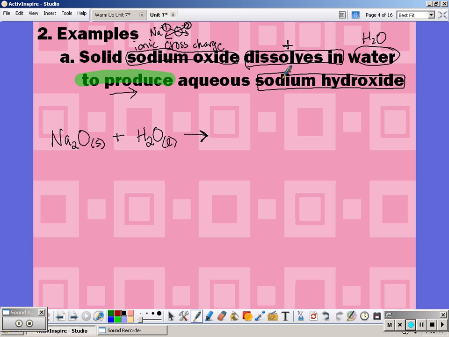So that's ionic because it contains metal and nonmetal, so I need to make sure that I cross my charges. So sodium is Na and group 1 is +1. Hydroxide is the polyatomic OH -1. So when I cross my charges, I get NaOH. Aqueous means (aq). This is also referred to as a skeleton equation or a skeleton reaction because it is unbalanced.